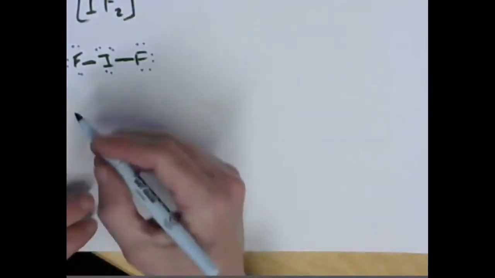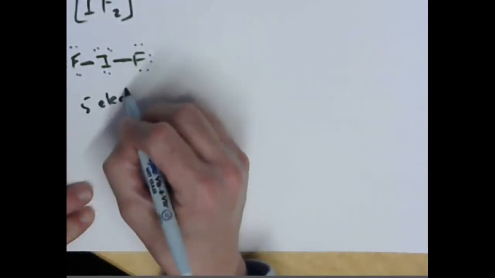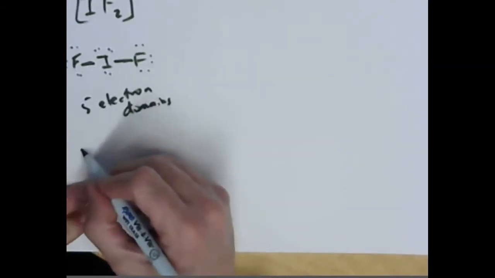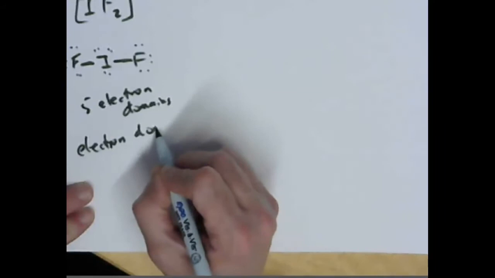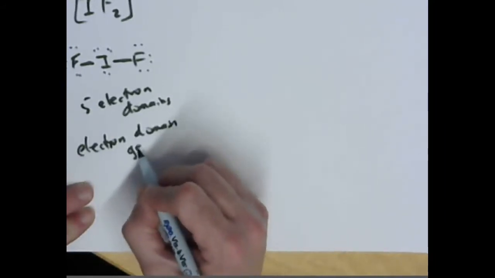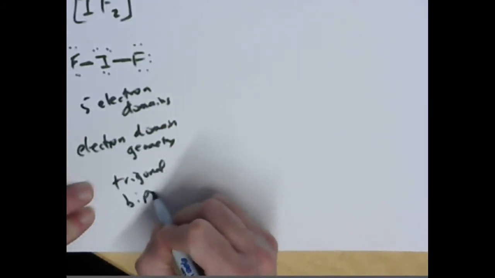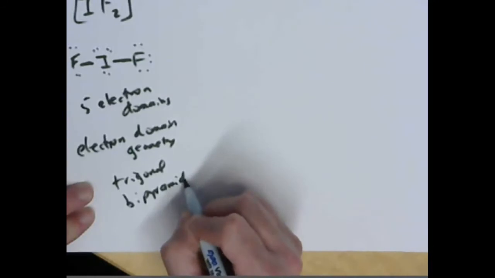So we've got 5 electron domains once again. That means my electron domain geometry is trigonal bipyramidal. And where do those non-bonding pairs go? They go on the equatorial position.